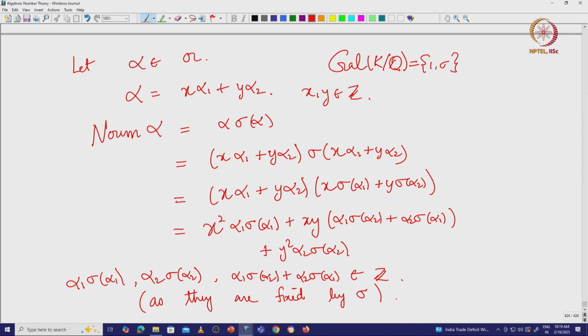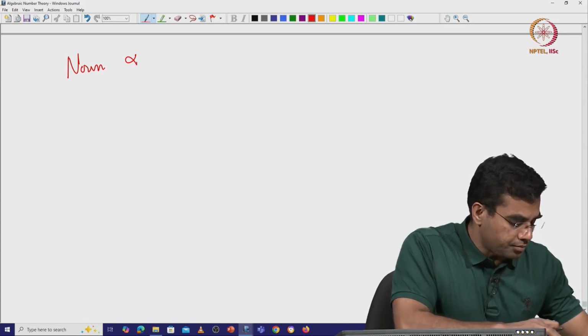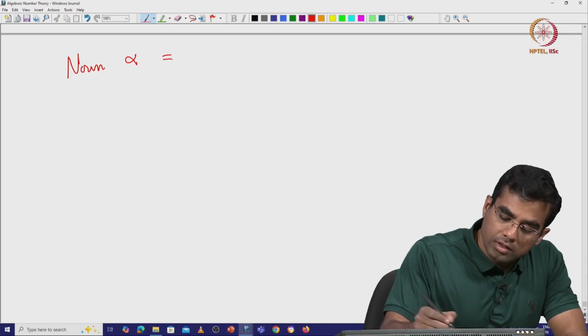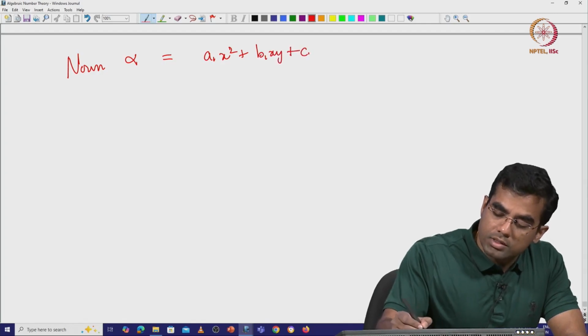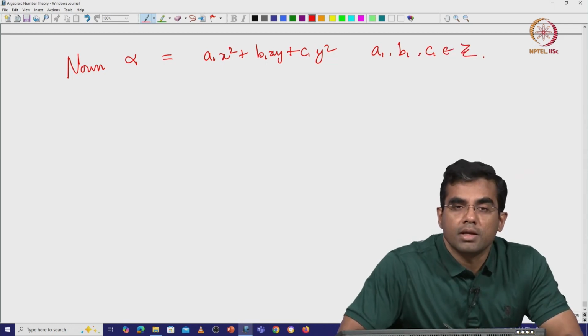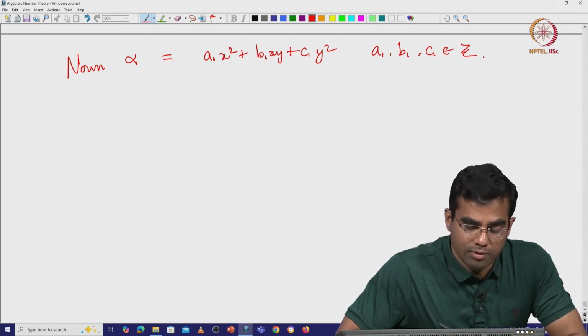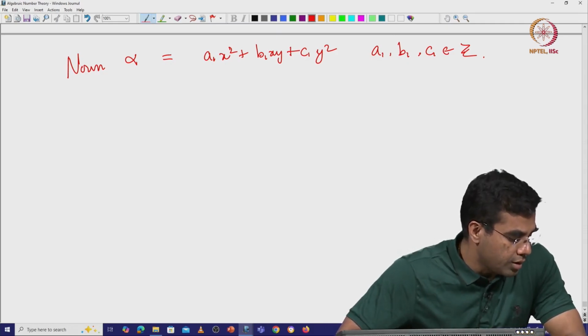Anything in K that is fixed by sigma will be contained in Q, and if we start with algebraic integers, it will be contained in Z. And so, the norm of alpha I can denote by a1 x squared plus b1 xy plus c1 y squared for a1, b1 and c1 inside Z. So, it looks like a binary quadratic form, except that this is not yet the binary quadratic form that we associate with A. So, what I am going to do is the following.